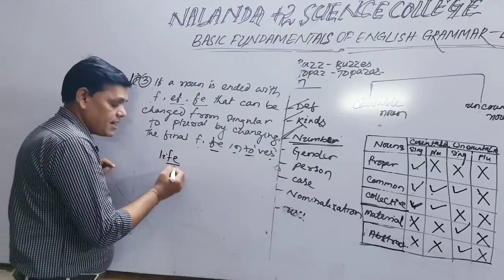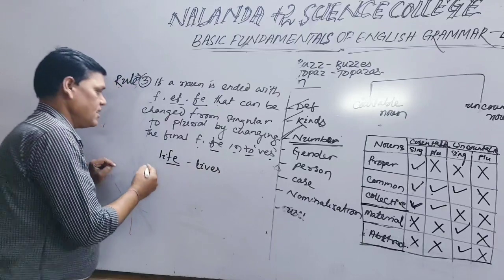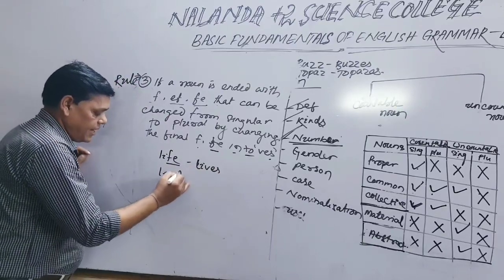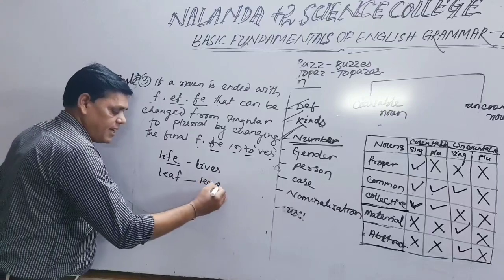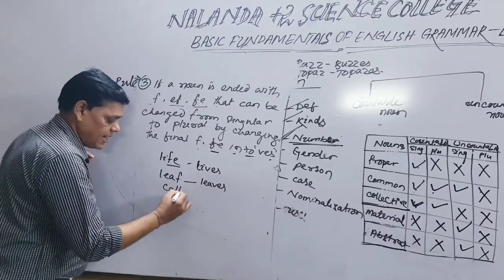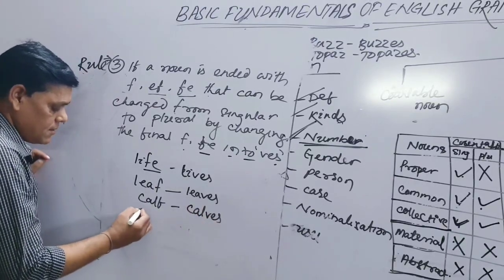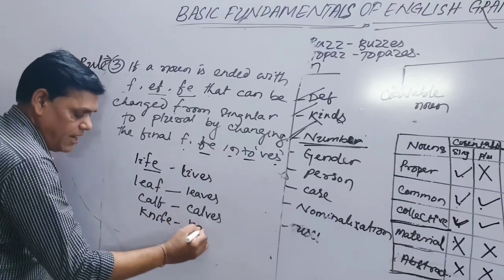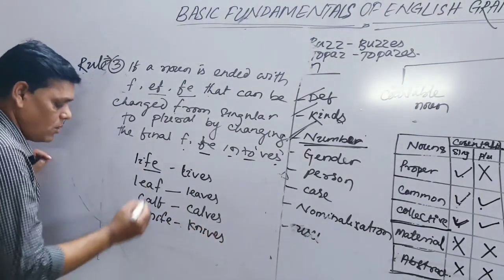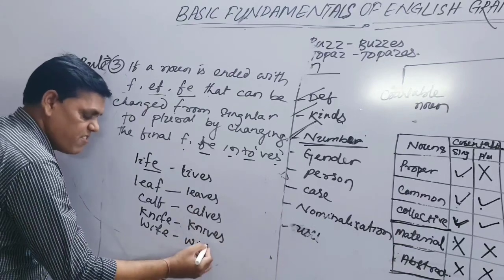Life, the word is ended with fe, lives. Leaf, the word is ended with f, leaves. Calf, calves. Knife, knives. Wife, wives.